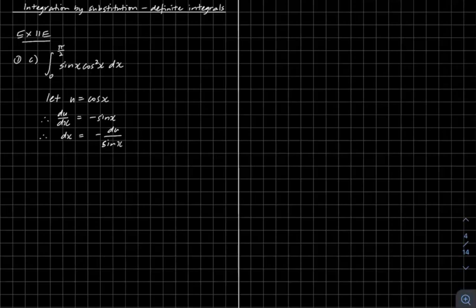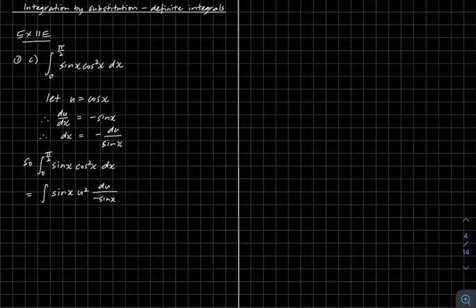Alright, so our definite integral, which was the integral from 0 to pi on 2 of sine x times cos squared x dx, is going to be equal to, let's fill this bit out first, so sine x cos squared x is just going to be u squared, and dx is going to be du over negative sine x.